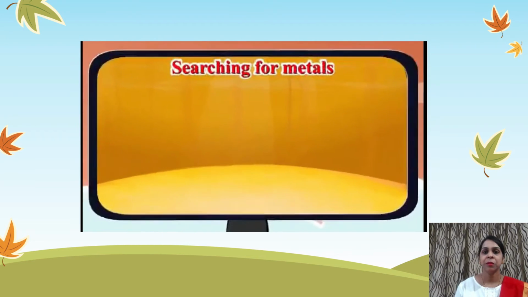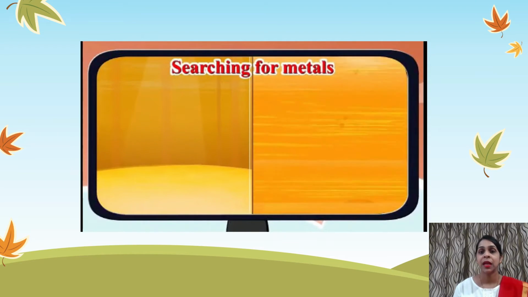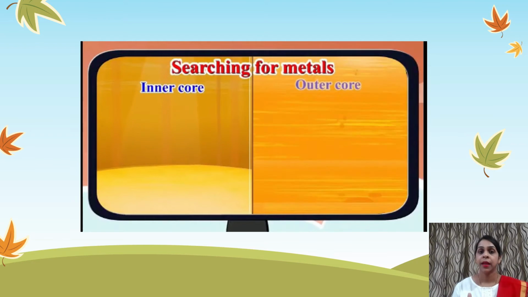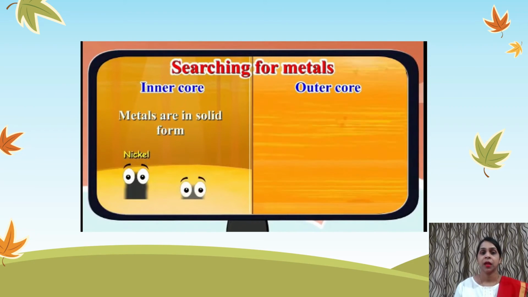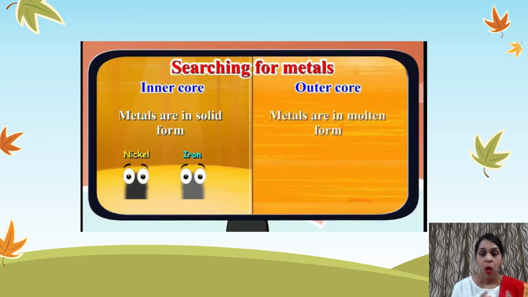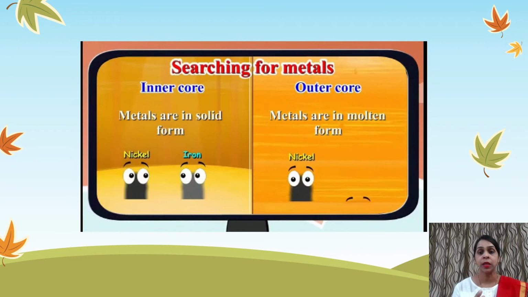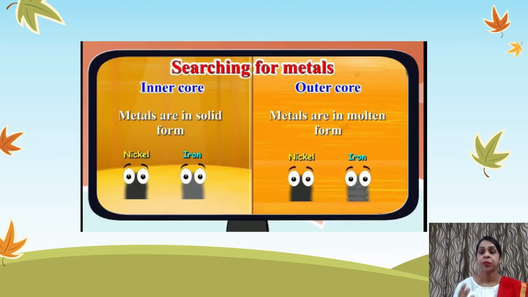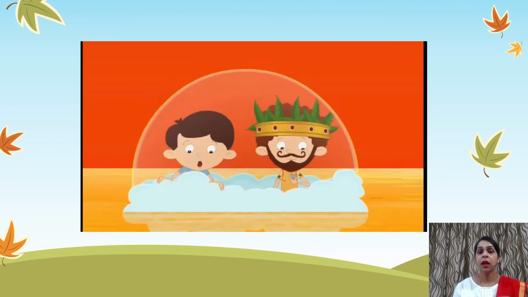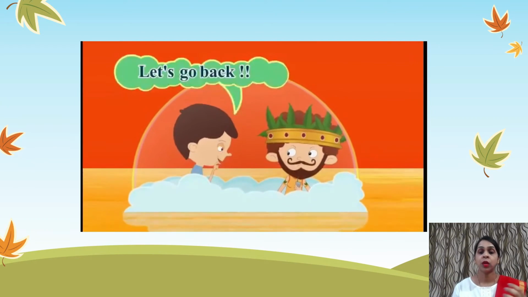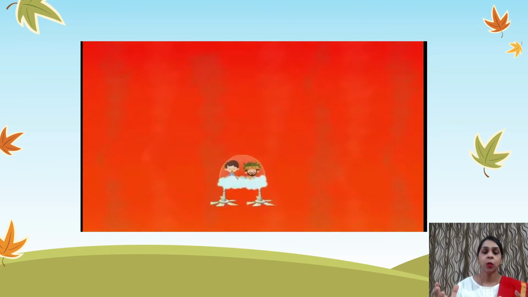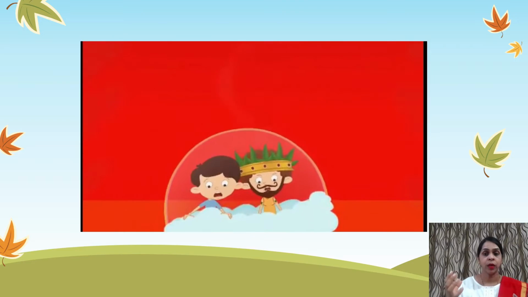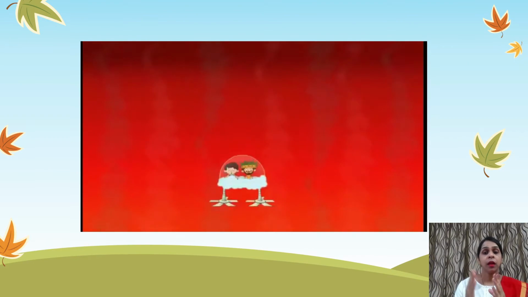It contains metals like iron, nickel, aluminum, etc. The inner core is in a solid state and the outer core is in a liquid state. We find nickel and iron in a solid state in the inner core, and in a liquid state in the outer core.